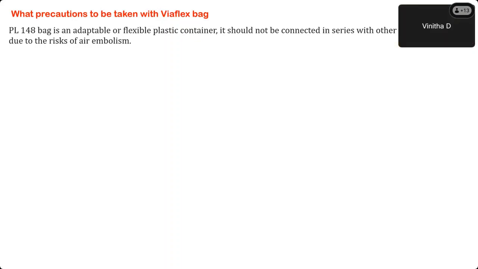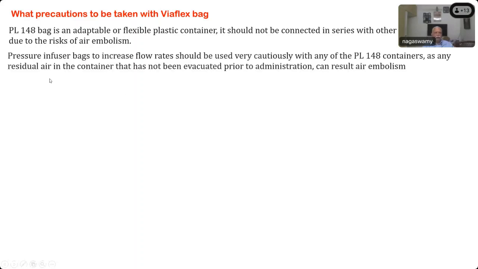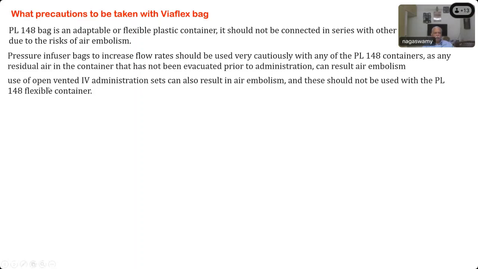So it will collapse, and if you have seen the bag, it will stick to each other as the fluid gets drained. All these collapsible bags will stick to each other, and so if you are not careful, it will produce air embolism. And you cannot use pressure bags to increase the flow, just as you do in your other plastic bottles. And we should not use an open vented IV administration set for this. We should use only a closed IV administration set.